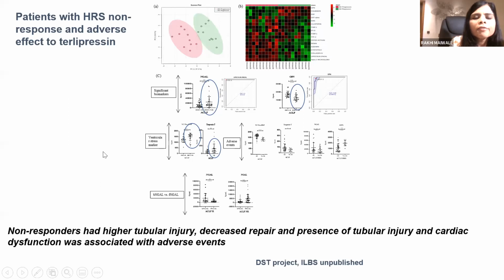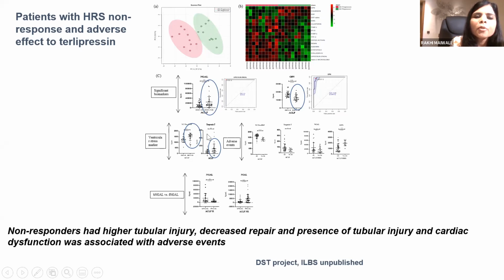Now, Dr. Gagan was talking about the biomarkers, and biomarkers are an upcoming area, and we've done a lot of work in this area. Here I'm showing you the data of HRS responders versus non-responders, and we did a panel of 17 biomarkers. We can see here that what predicts non-response is the degree of tubular injury. So maybe we're not diagnosing these patients correctly. They are not HRS, they are actually ATN, because the NGAL levels were much higher.